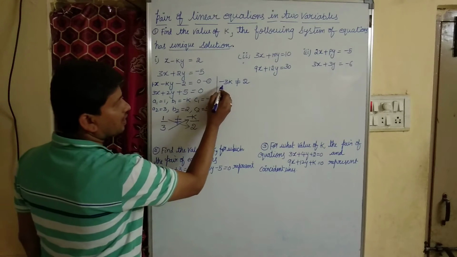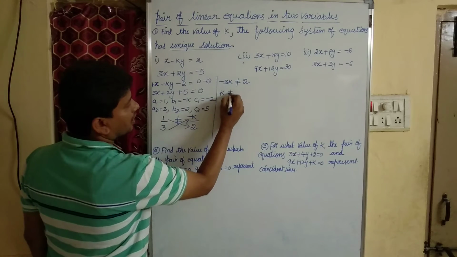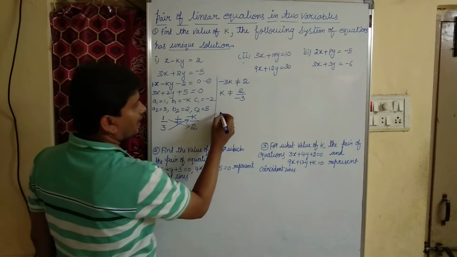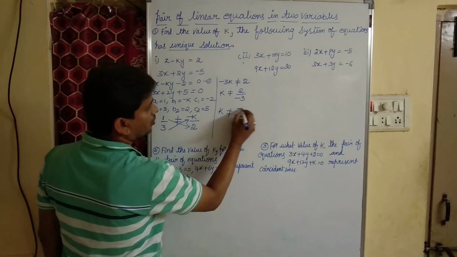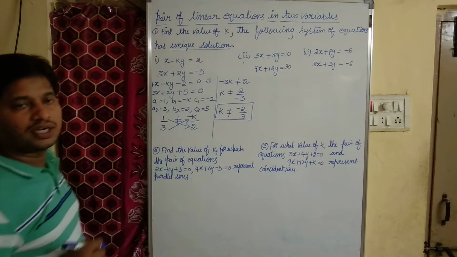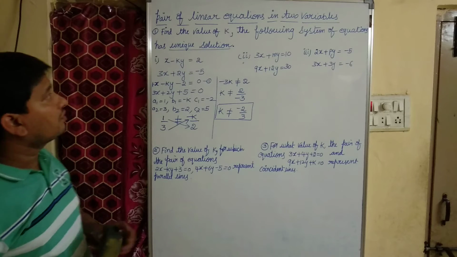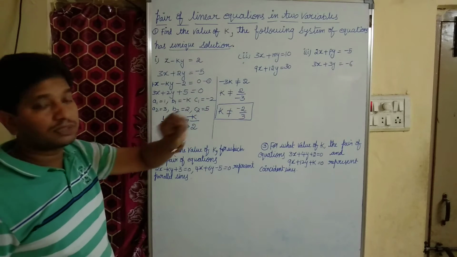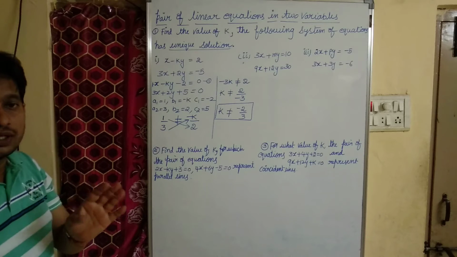As minus 3 is multiplying, transpose: k is not equal to 2 divided by minus 3. So k is not equal to minus 2 by 3. This is the condition for unique solution. What is the value of k they are asking? It must be not equal to minus 2 by 3.